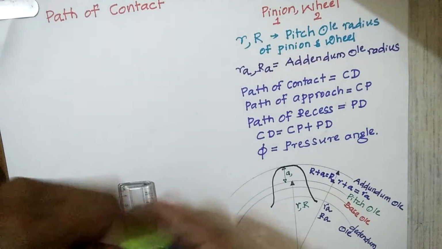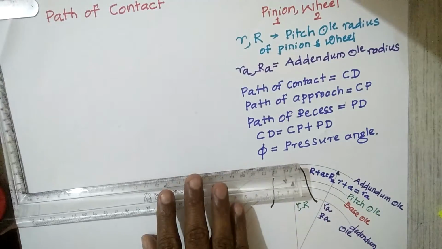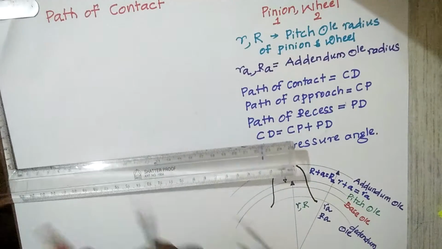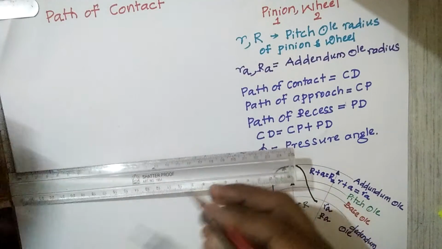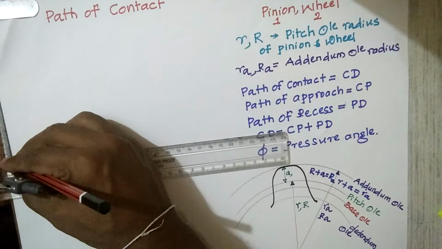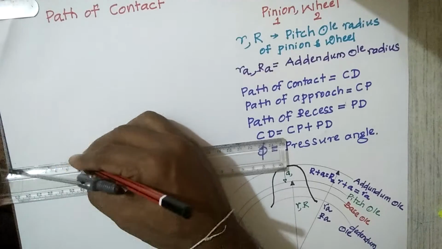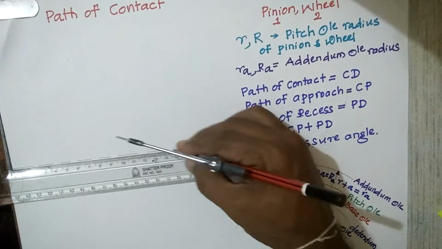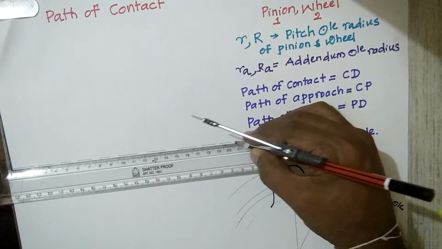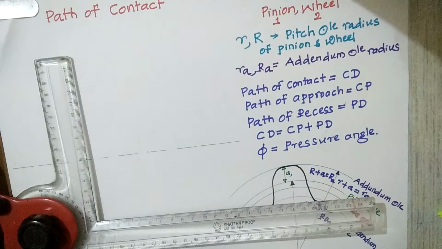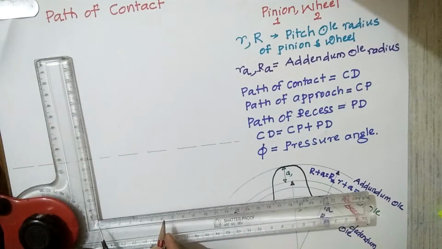Then I'll draw it directly. Before that, I'll draw the line representing the path of contact. Then I'll draw the pinion's pitch circle radius.